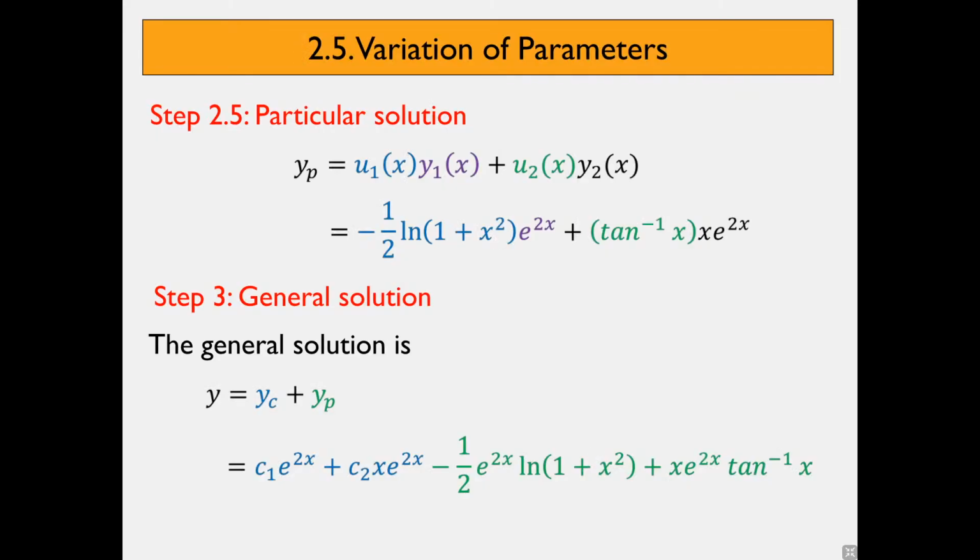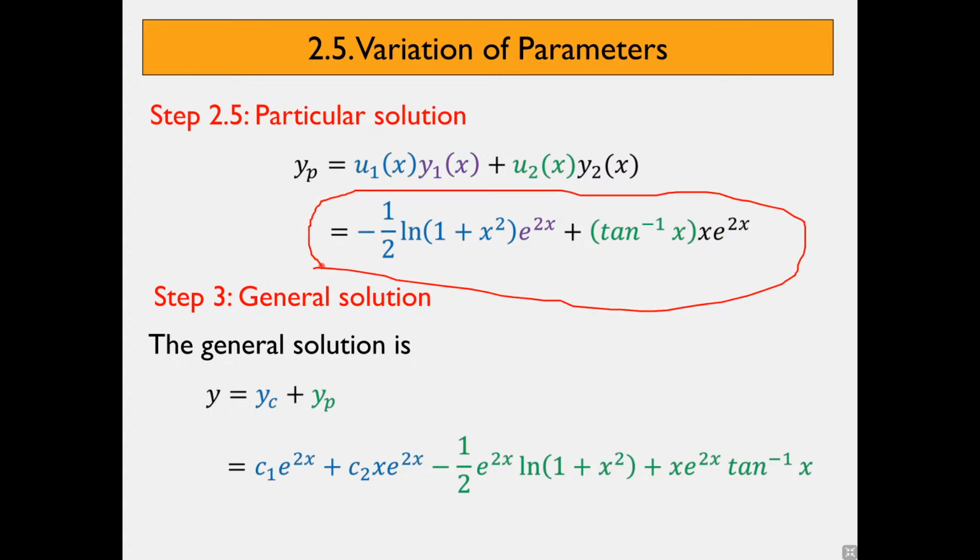So you just have to plug in the U1, minus half ln 1 plus x squared, y1 e power 2x, U2 arctangent x multiplied by x e power 2x. So you already obtained yp. Take the yp, put it inside your y. That is yc plus yp.